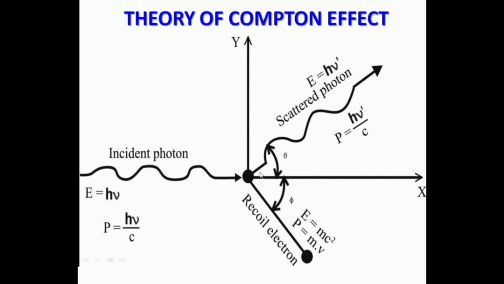You can see the scattered photon is moving at an angle theta from the x-axis, and the recoiled electron has energy E equal to mc square and momentum equal to mass times velocity, at an angle phi with the x-axis. As you can see, phi is a negative angle.